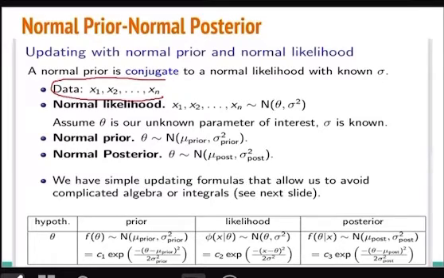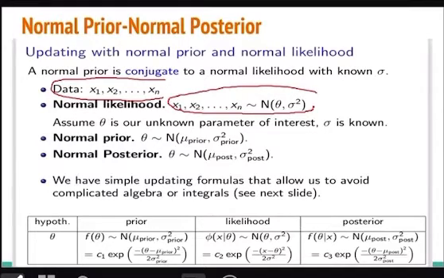Now, based on our data, we're going to have a likelihood distribution. Please follow. I need you to pay attention. The likelihood distribution is going to be this. In my likelihood distribution, theta is the mean. We don't know it, but the variance is known. Does that make sense?